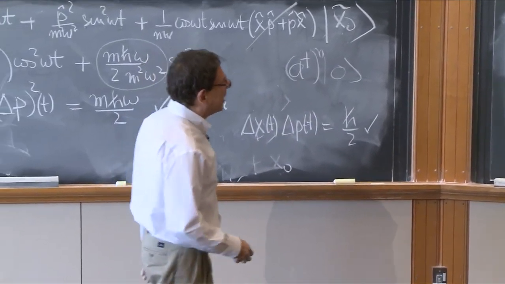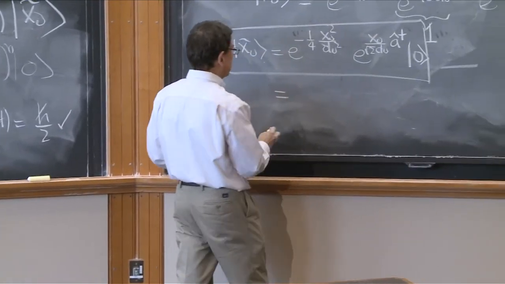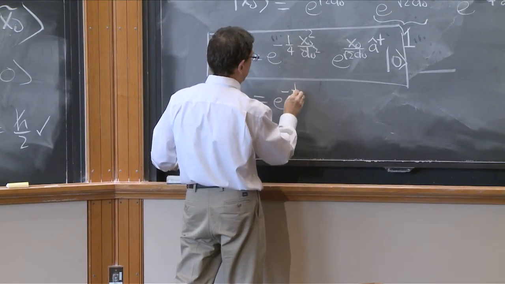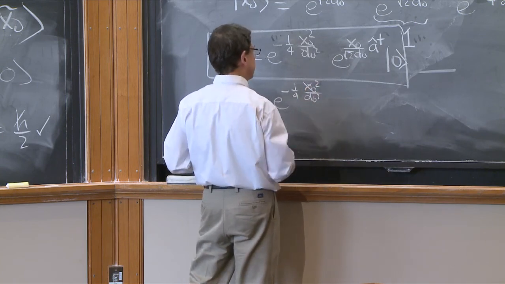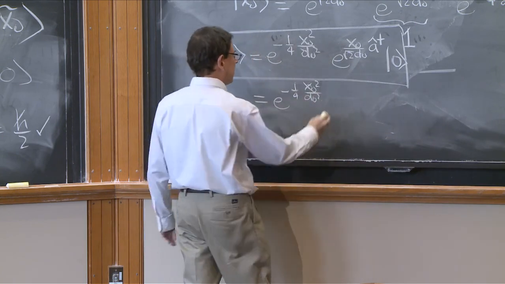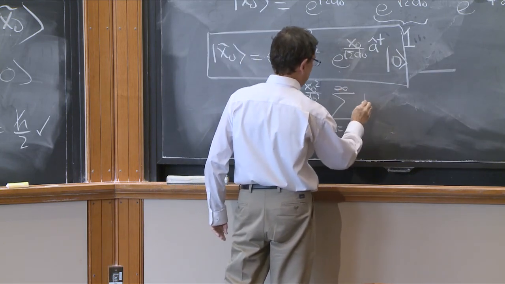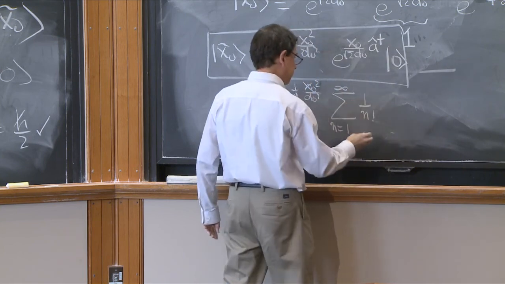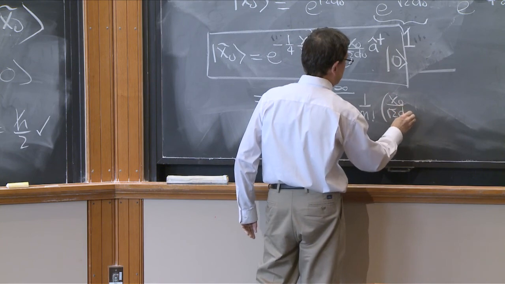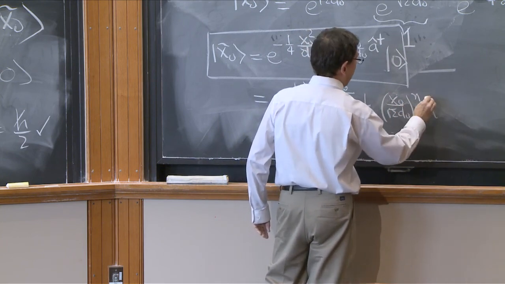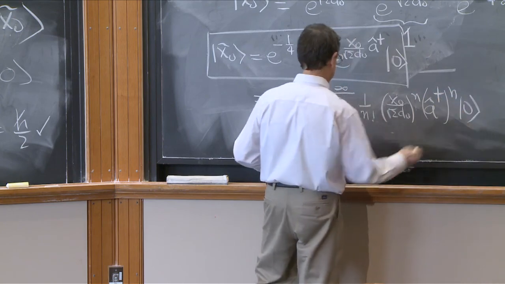Not quite energy eigenstates, but we're almost there. And now expand. This is the sum from n equals 0 to infinity, 1 over n factorial, x naught over square root of 2 d naught to the n, a hat dagger to the n on the vacuum.